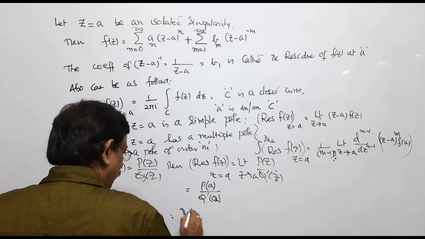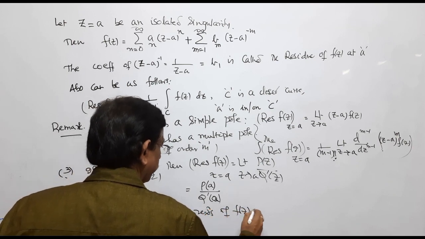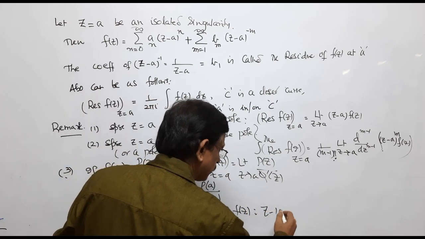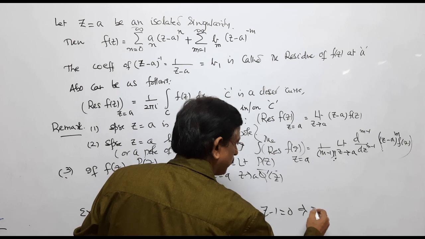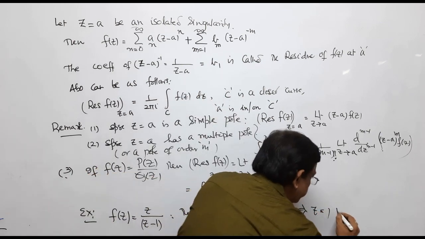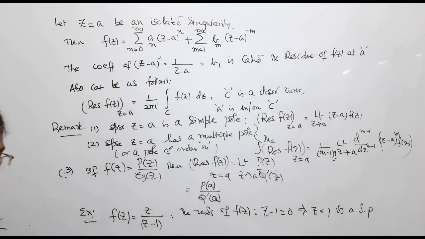So the zero of the denominator is z minus 1 equal to 0, which implies z equal to 1. So z equal to 1 is a simple pole. I say it's a simple pole.